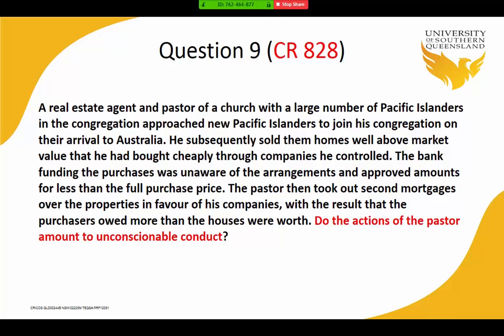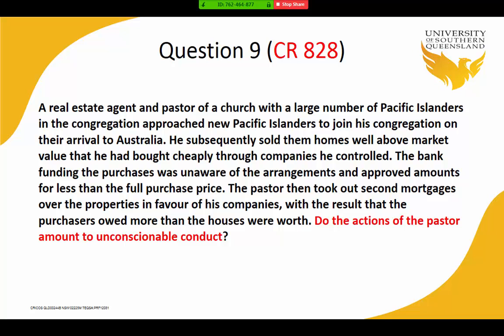So we're going to start with question 9. And this says a real estate agent and a pastor, very interesting combination, of a church with a large number of Pacific Islanders in the congregation approached new Pacific Islanders to join his congregation on their arrival to Australia. What a good man.